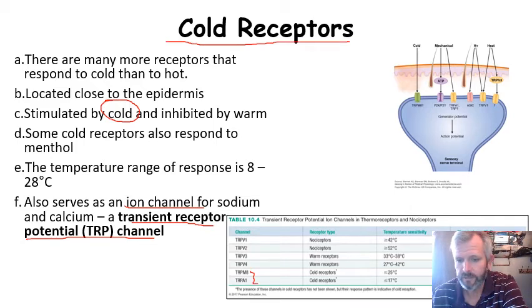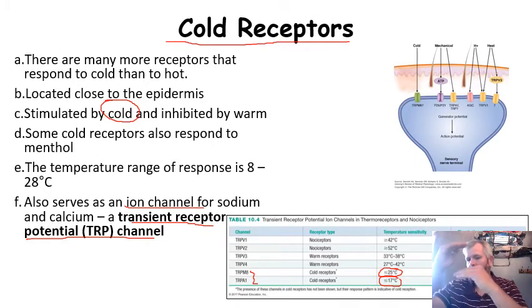Some of the cold receptors are at the lower end, where there are other transient receptor potentials that respond to temperatures in the higher range of the cold. But then when we get higher than this 25, they begin to be inhibited, less opening and less response through them, and therefore less likely to have those neurons firing.